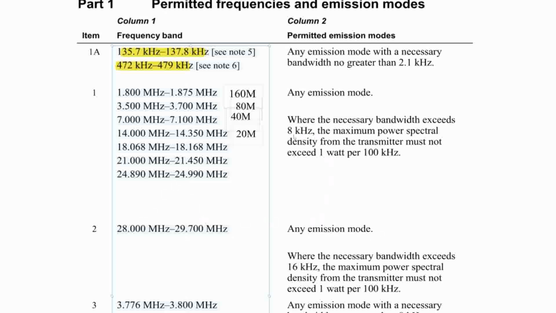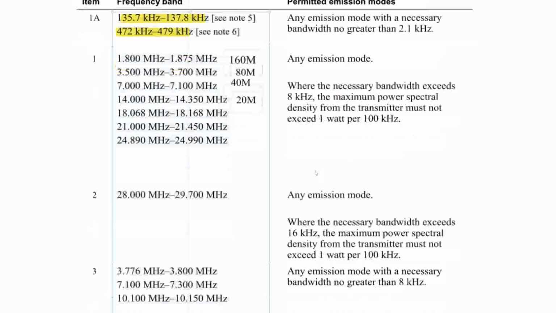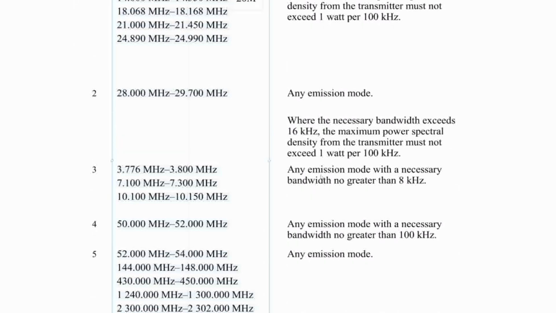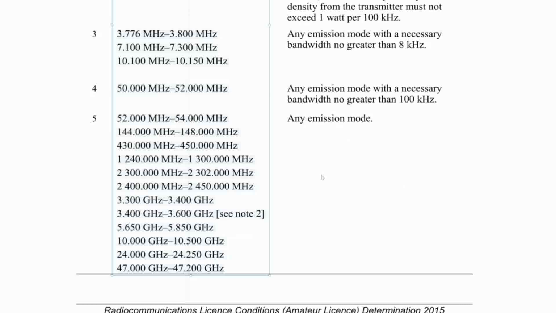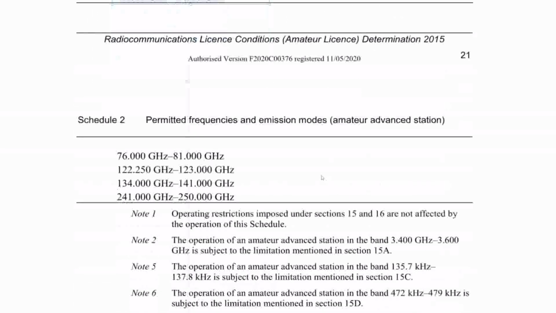Below 28 megahertz your bandwidth mustn't exceed 8 kilohertz, except for a special case with special modes where you can't exceed 1 watt per 100 kilohertz bandwidth. So they go a long way up.